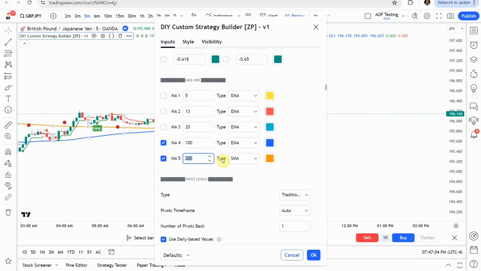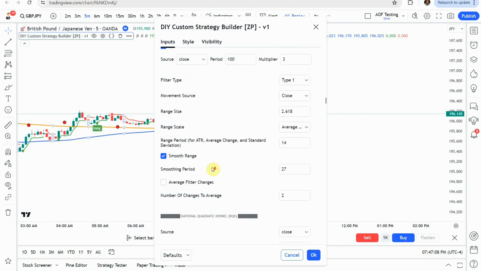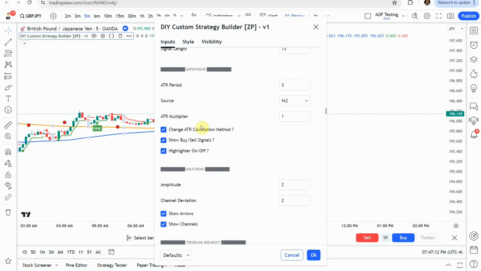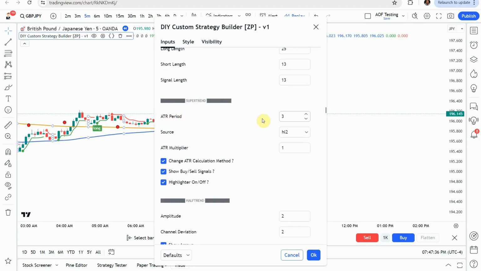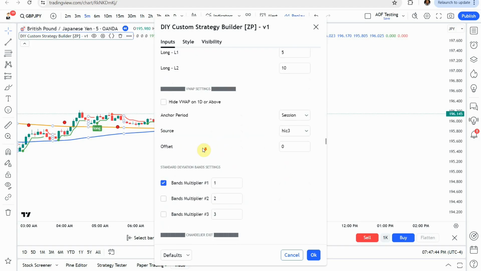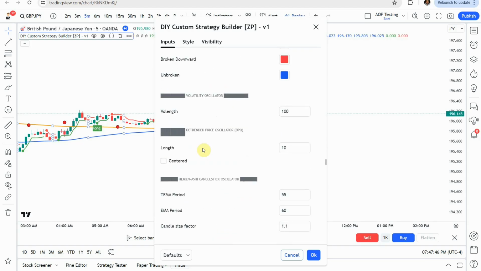Make sure it is the SMA type. Then scroll down. We're going down to the super trend right here. You're going to change the ATR period to 3. You're going to change the ATR multiplier to 1. And then after that, everything else should be on the default settings.